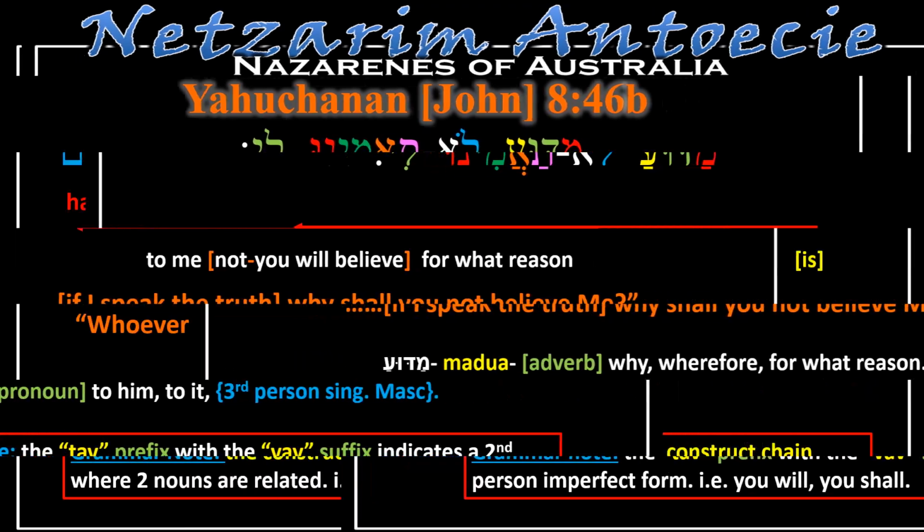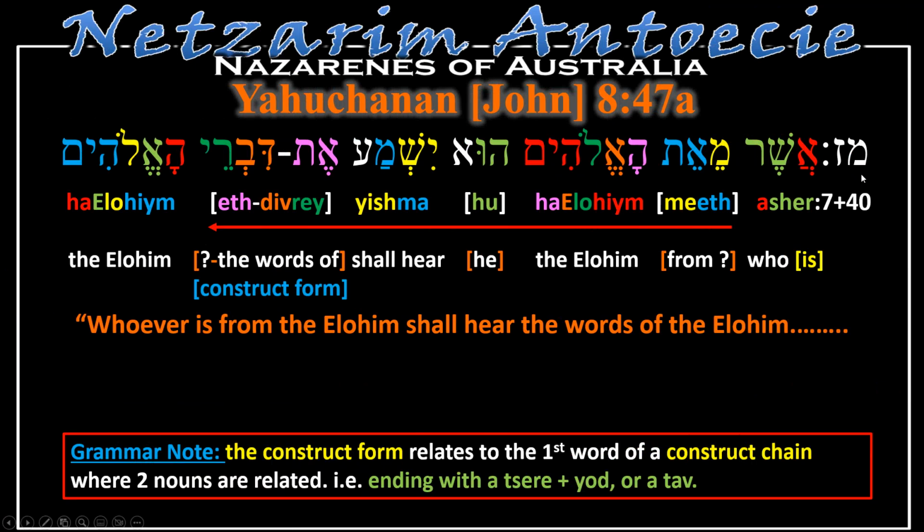And so we come to 47a. We have a mem, which has a value of 40, a zayin, a value of 7, because it is the seventh letter of the alphabet, giving it a numerical value of 7. And then we go through the letters: aleph, shin, resh, mem, aleph, tav, hey, aleph, lamed, hey, yod, mem safit, hey, vav, aleph, yod, shin, mem, ayin, aleph, tav, dalet, vet, resh, yod, hey, aleph, lamed, hey, yod, mem safit.